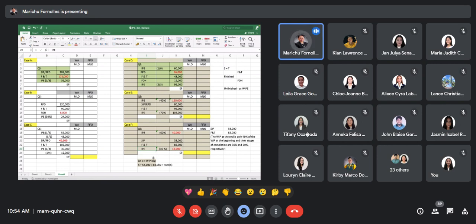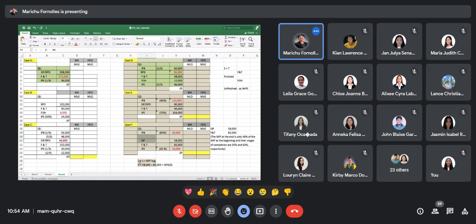So let X be your work in process beginning. Following the equation, sources should always be equal to the targets. Our sources here include work in process beginning and the SIP.